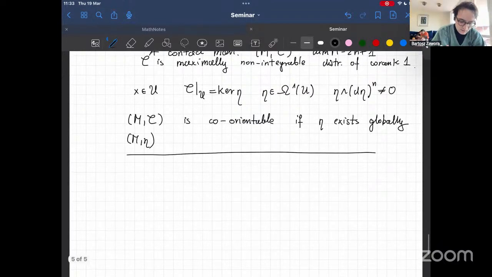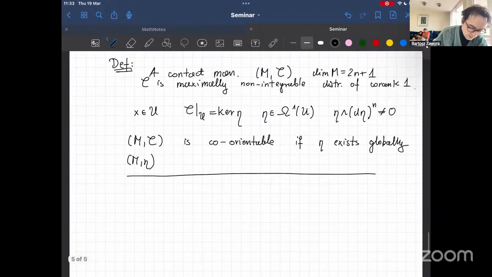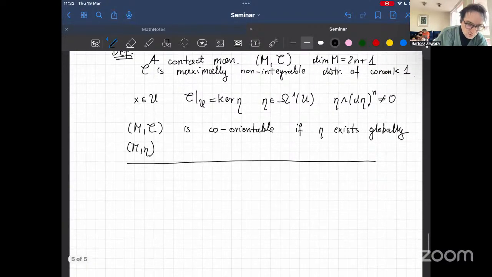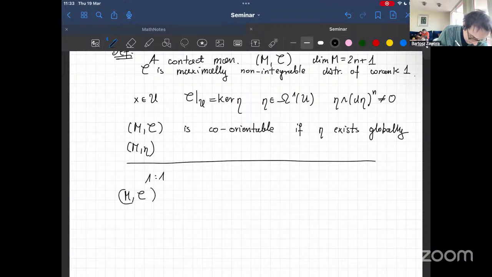The general contact manifolds with a distribution. So yes, there's a one-to-one correspondence between them and homogeneous symplectic line bundles.